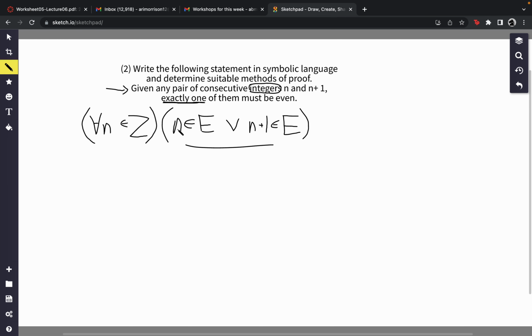We have to make sure they're not both true. So we also have to say not, n is even and n+1 is even. And is the upside down v. Okay, so that's our statement.